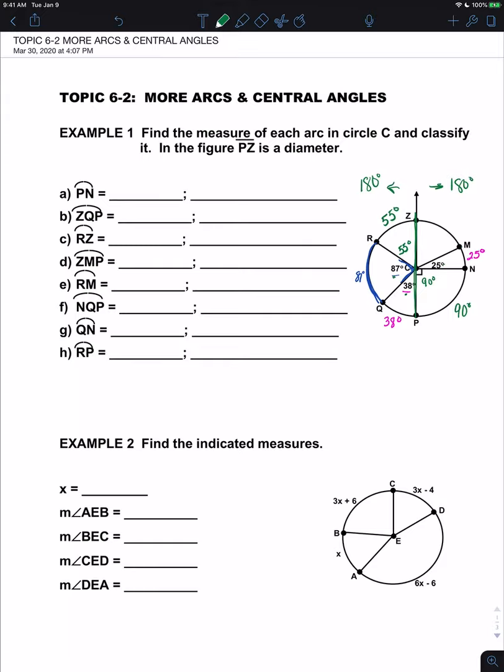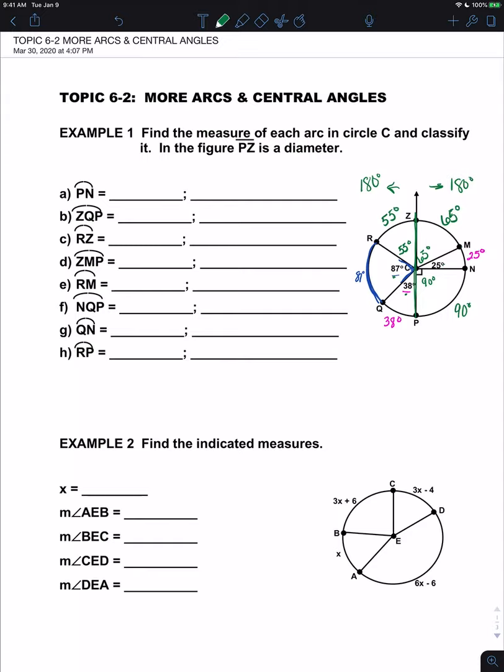And that would leave us with 65 degrees here, which means this angle is also 65 degrees. So now we have got everything labeled on this circle, whether they're wanting an angle measurement or an arc measurement, we're able to answer all these questions.